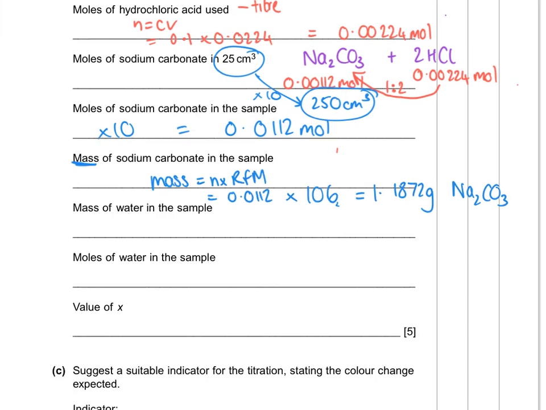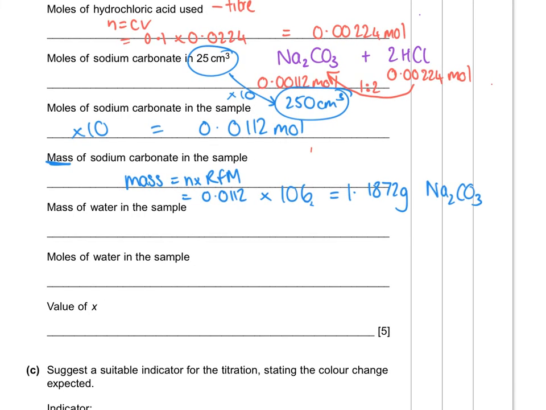Remember, the formula of your hydrated sodium carbonate is with X moles of water. But what I've just worked out is the mass of this. So the rest of the mass of the sample was water. That's the rest of the 2.8 grams that was water.